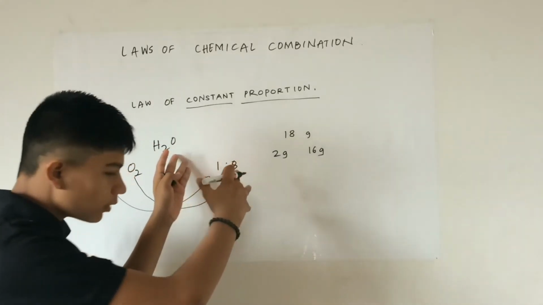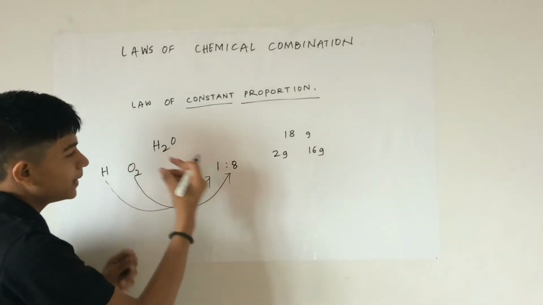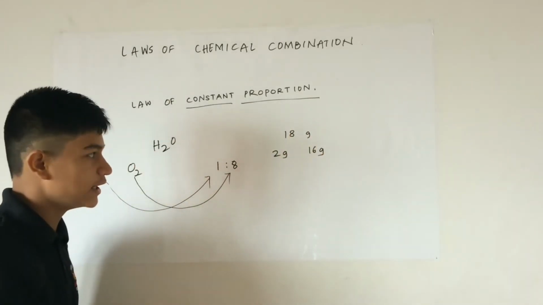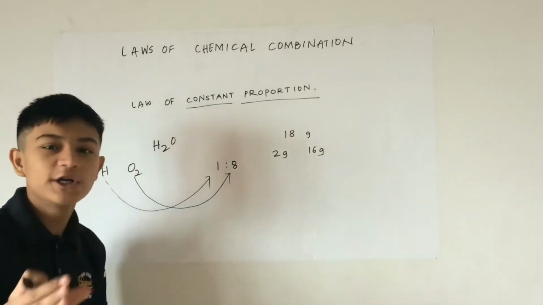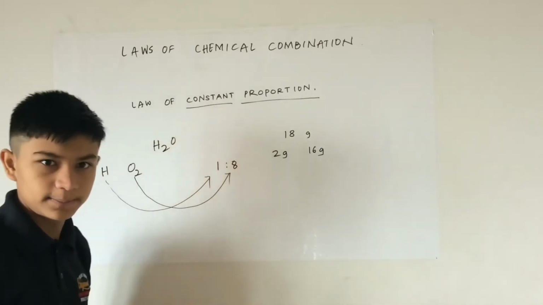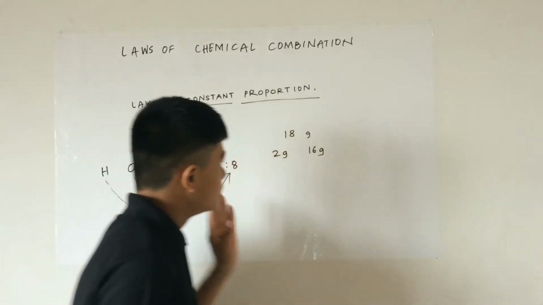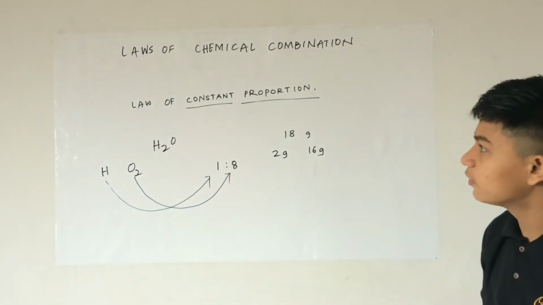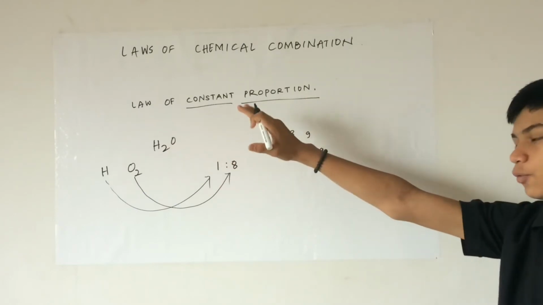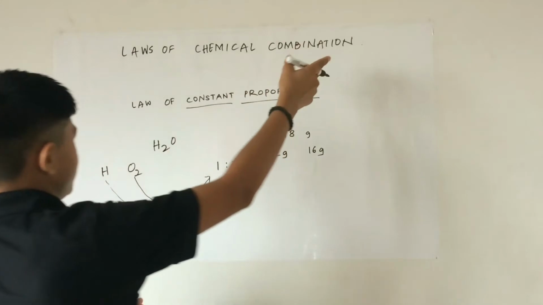However much water you take, 1000 liters or 2000 liters, the masses in it will be in the ratio 1:8. This is the law of constant proportion, the second law of chemical combinations.